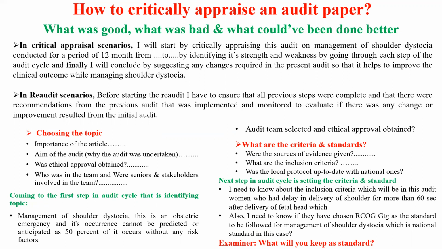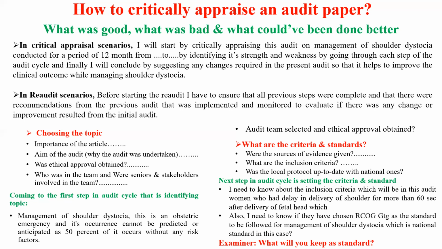So if you are asked to do a critical appraisal, how you will do your introduction during the station. For example, I will say, I will start by critically appraising this audit on the management of shoulder dystocia conducted for a period of 12 months by identifying its strengths and weakness, by going through each step of the audit cycle.